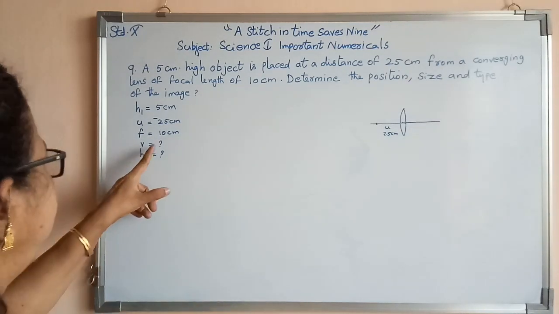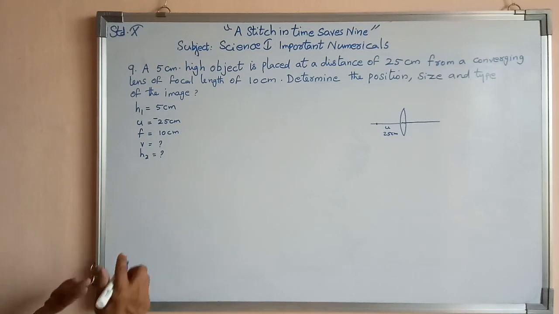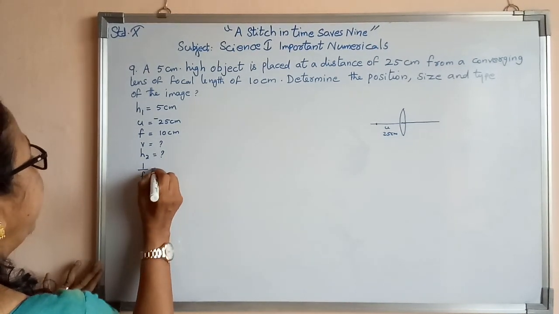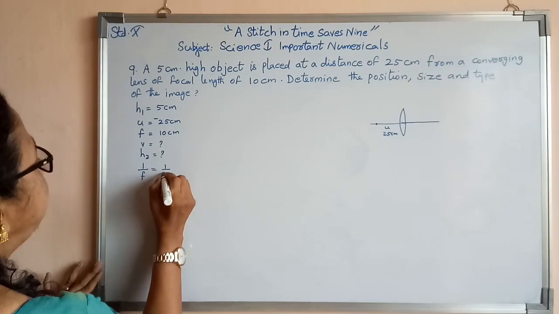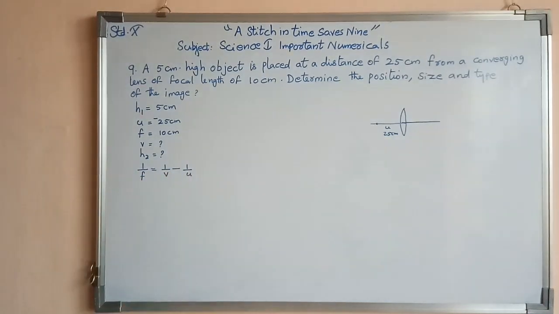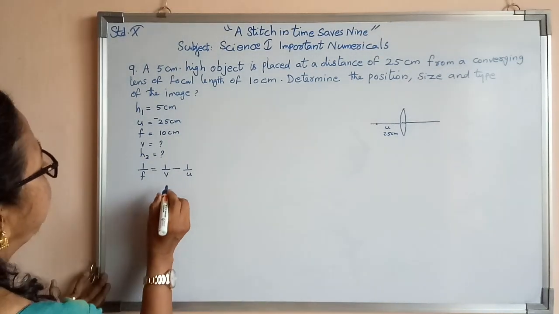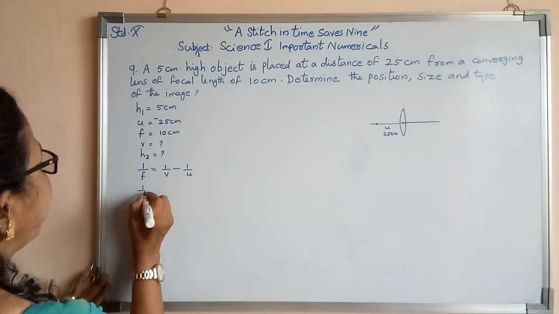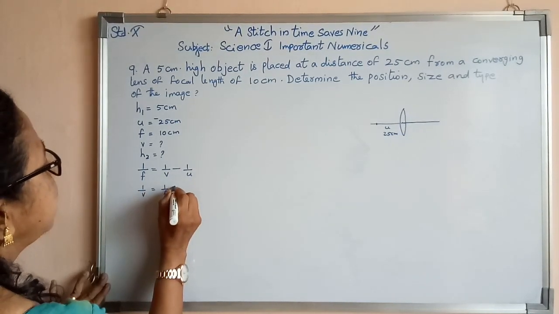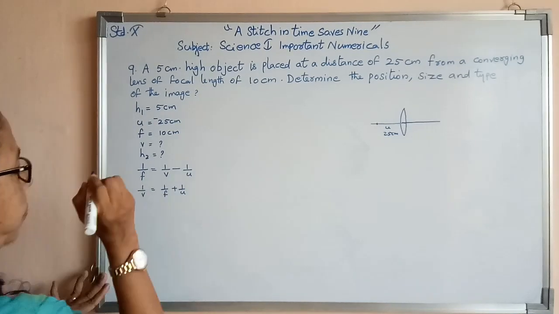Now first we will find the value of v. For that we have one formula: 1 upon f is equal to 1 upon v minus 1 upon u. From this we have to find the value of 1 upon v. 1 upon v is equal to 1 upon f plus 1 upon u.